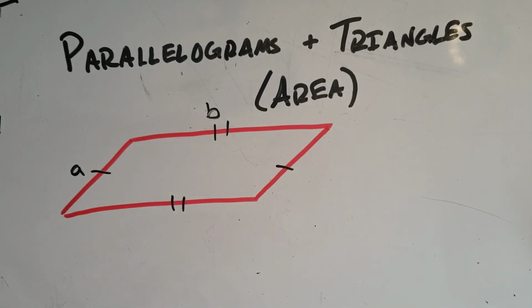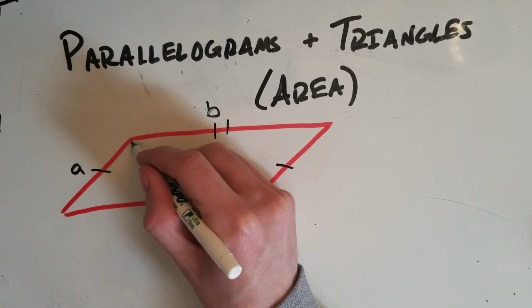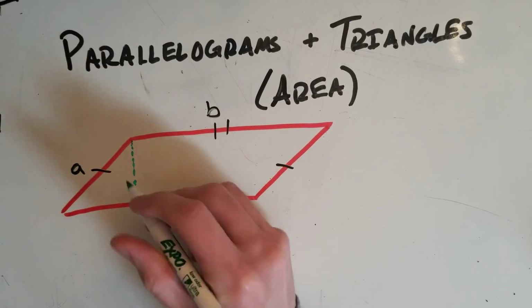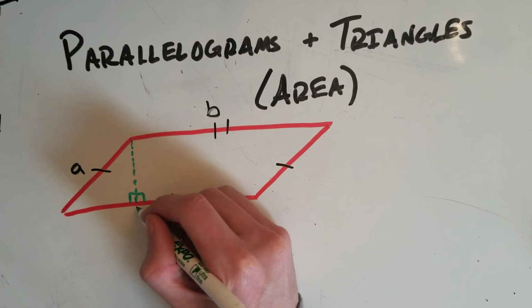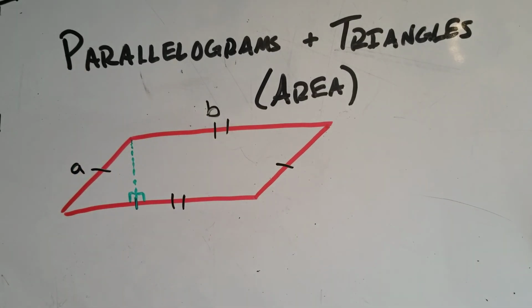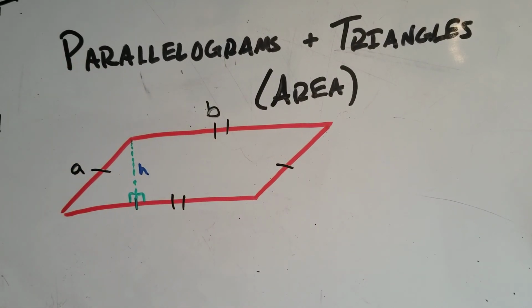What we're going to do is go right to this vertex of the parallelogram and drop a perpendicular down, making two right angles here. We'll call that H, the height of the parallelogram.